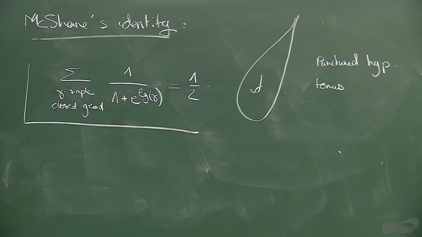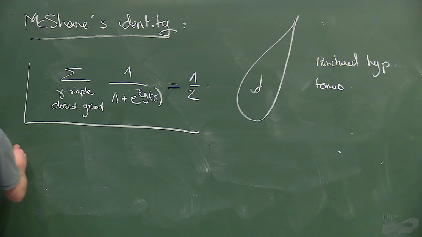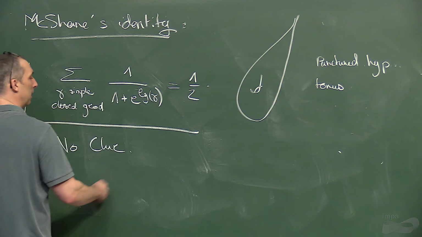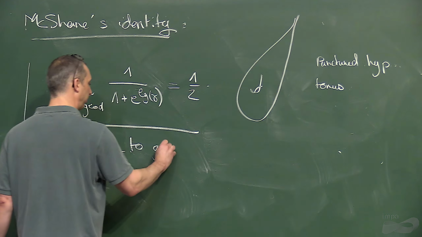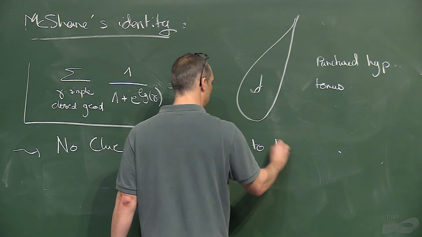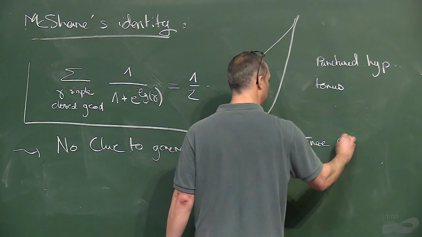So what we would like to try to do is multiply by the entropy and see if this is also true for Riemannian metrics. But unfortunately, so far, I have no clue how to generalize it to the variable curvature case.